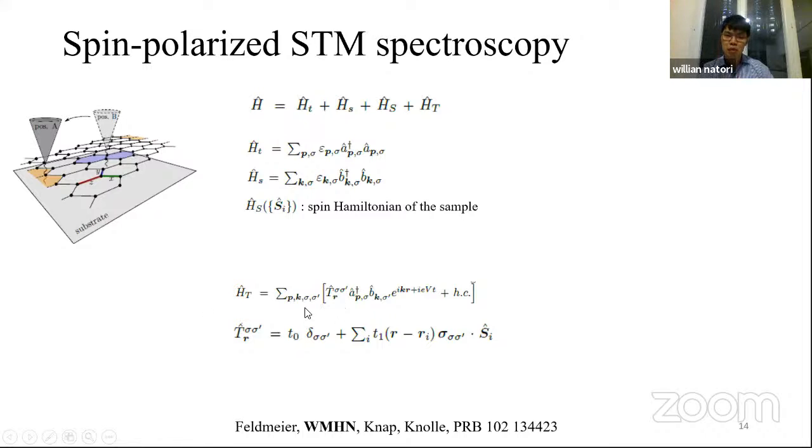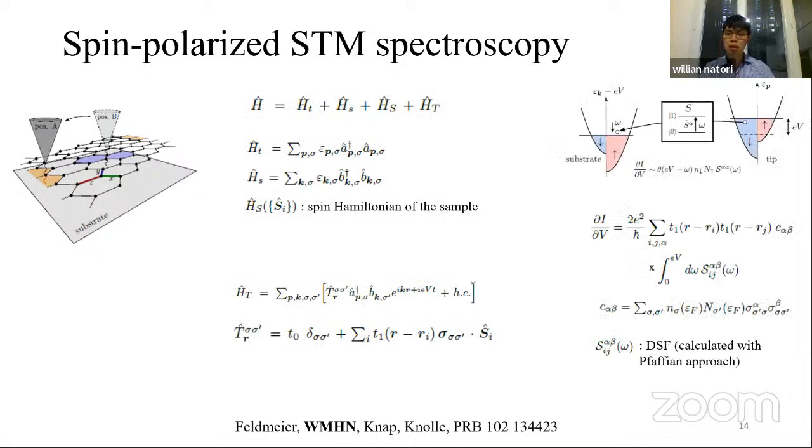But the key point is that the electrons will have to tunnel through your magnet. So when they do this, they will interact with the magnet itself, and part of this interaction will be magnetic. So part of them will have these Heisenberg interactions between the electrons of the substrate and the electrons in your magnet.